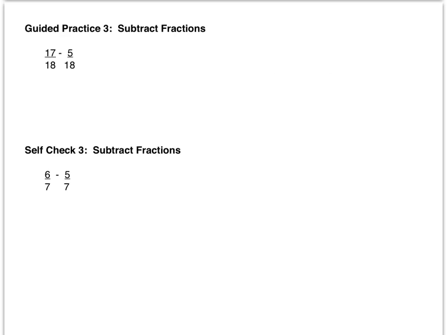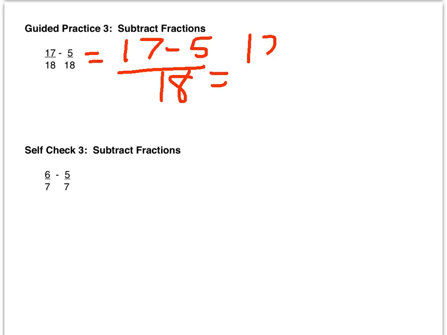Let's work one together. In guided practice 3, we'll subtract fractions. 17 over 18 minus 5 over 18 equals 17 minus 5 over 18. 17 minus 5 is 12 over 18. Now, I know that this is not simplified because both of my numbers are even.